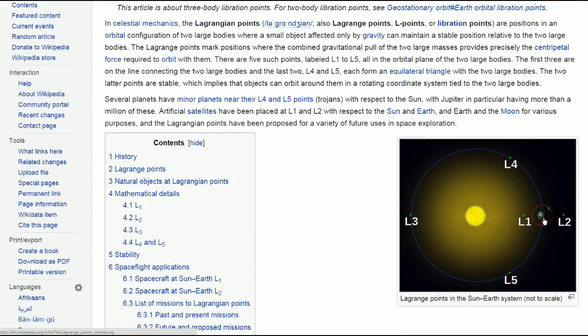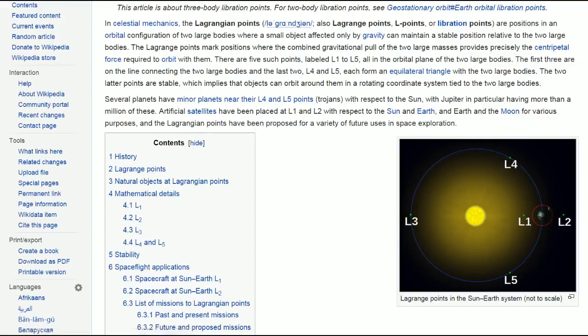Now, think about this. Where do lunar eclipses happen? They happen at this Lagrangian point number 2. They happen exactly opposite, in a heliocentric model, they happen exactly opposite the sun, with the Earth directly between the sun and the moon.